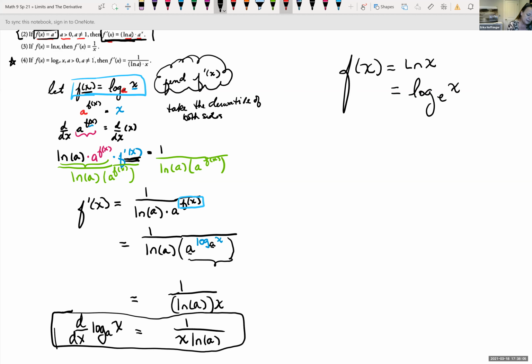And so our base here is e. So by this rule, the derivative of the natural log of x is equal to 1 all over x times the natural log of e.